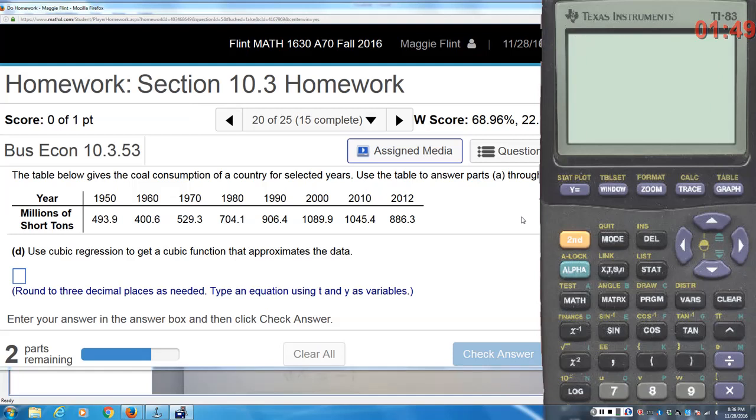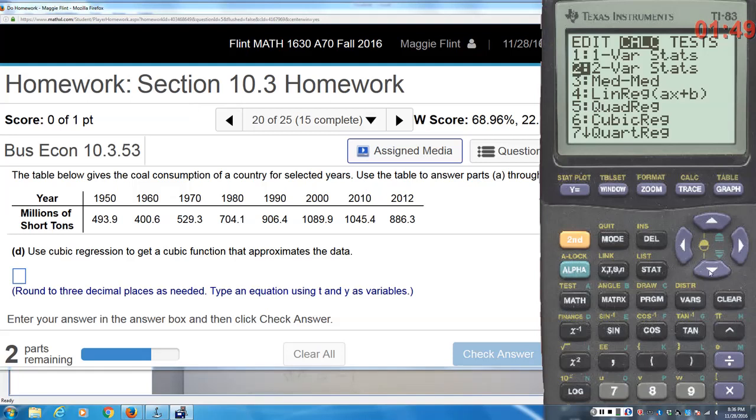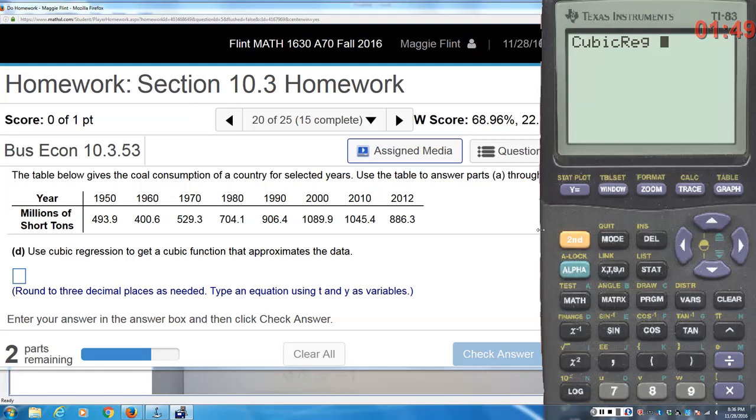I'm gonna clear everything off, and we're gonna go stat, over to calc, down to number 6, list 1, comma, list 2, comma, vars, right arrow to y vars, enter to choose functions, enter to choose y1, and enter again to get it to do it.